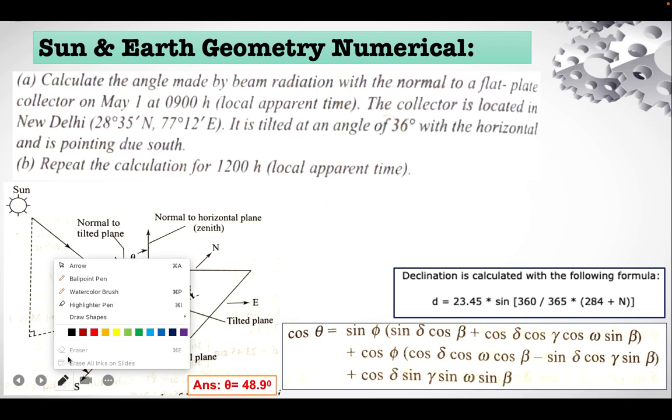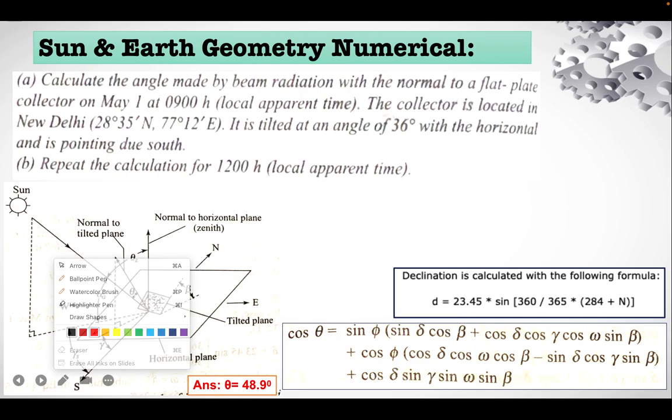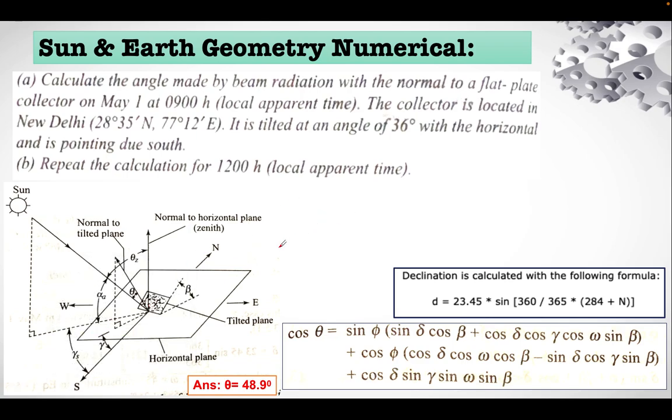So, in this numerical, we have to find the incident angle of that particular receiver, the flat plate collector, where the location and all information is given.